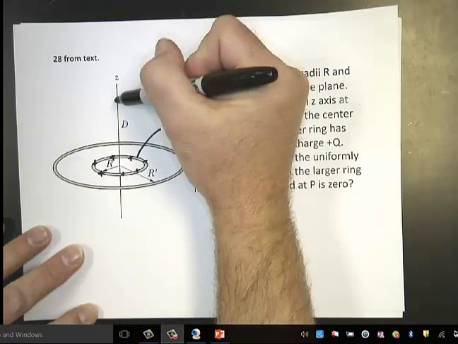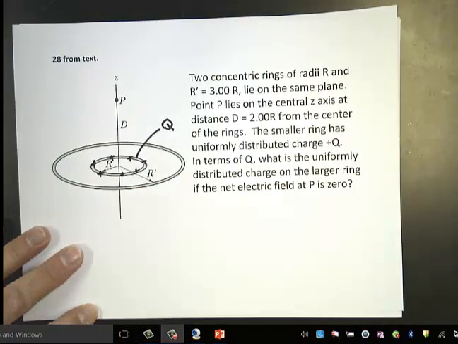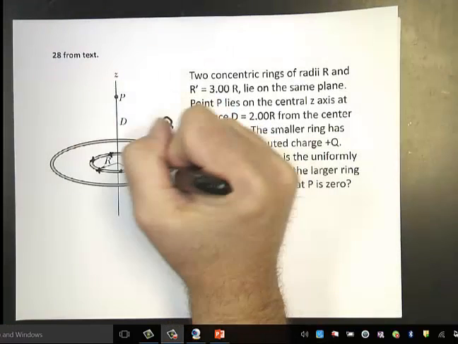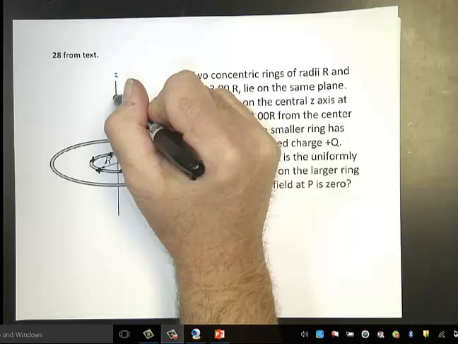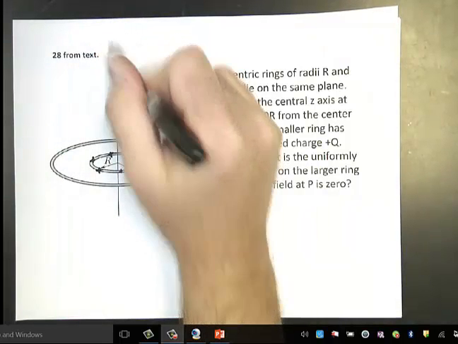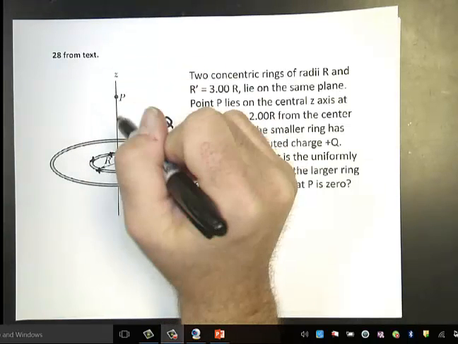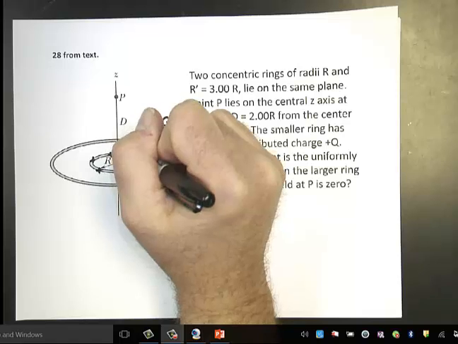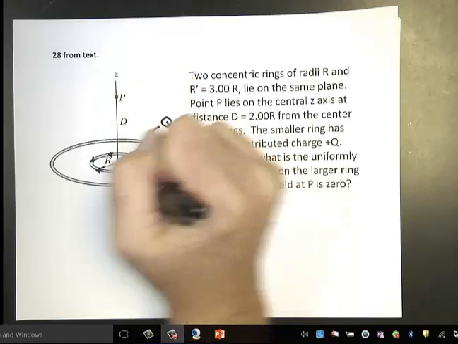What's the charge on the big ring so that the E field right there is equal to 0? You say, well, the positive charge on this ring is going to make an electric field straight up, in the positive Z direction. What could cancel that out? Another field in the negative Z direction, pointing downward.